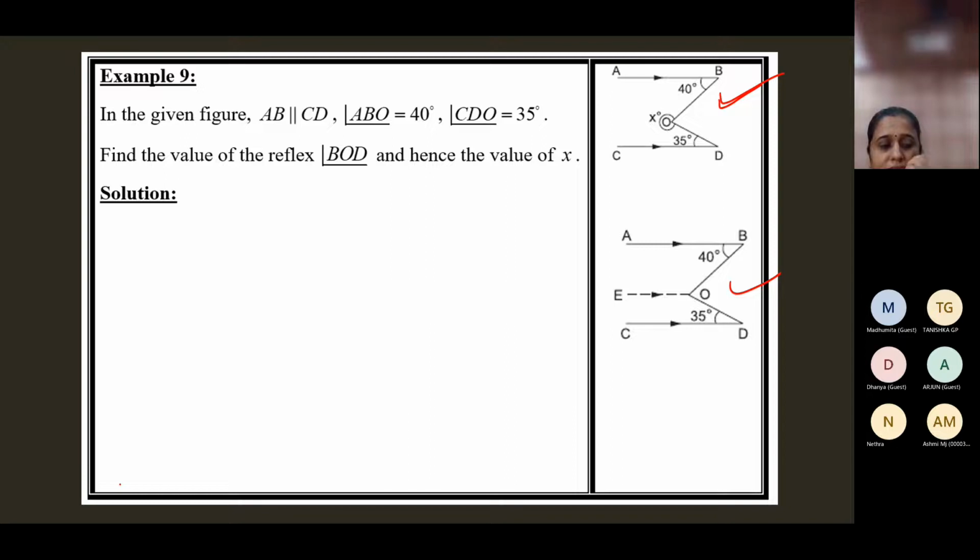Take it down. Okay, we finished it. Let's see the answer.